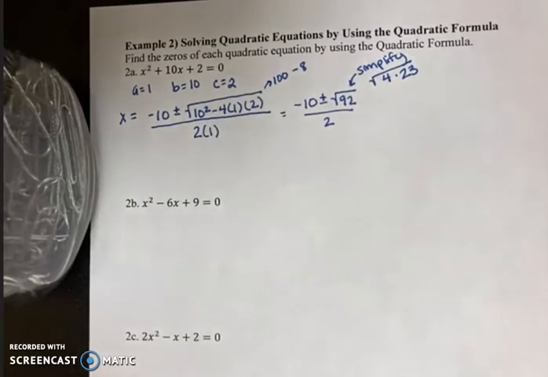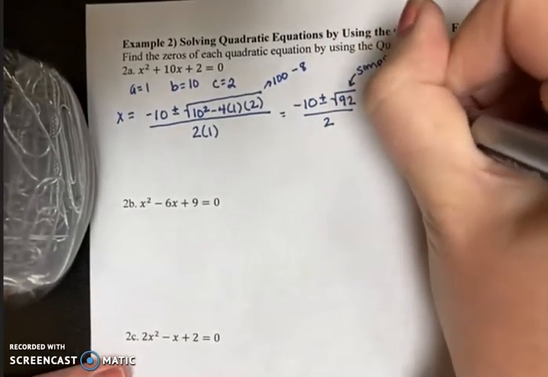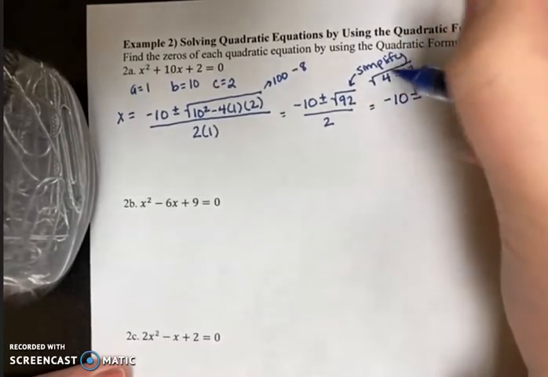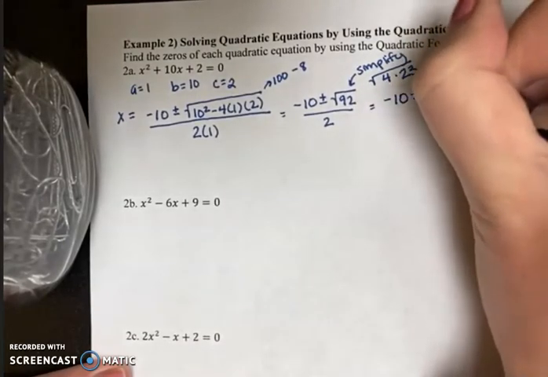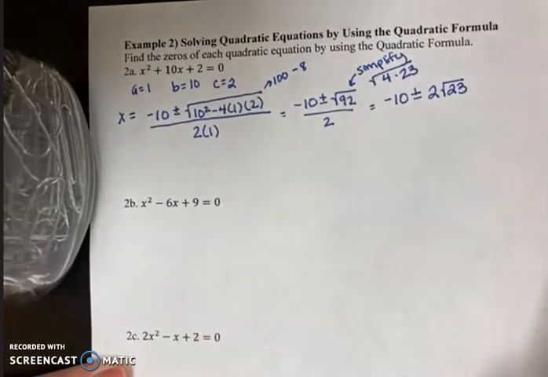So I know it would be simplified all the way if I use this. What this becomes is negative 10 plus or minus, like I said, the square root of 4 is 2, and that 23 needs to stay within the radical, all over 2.